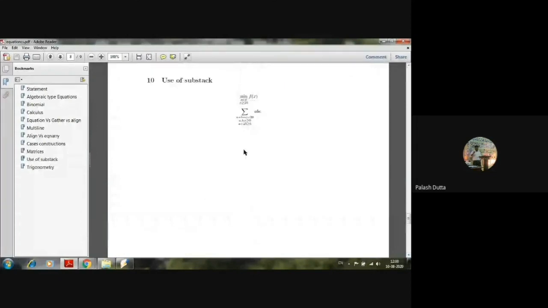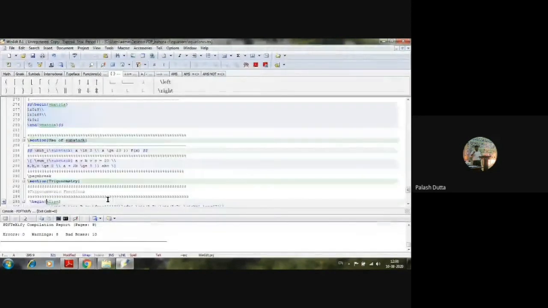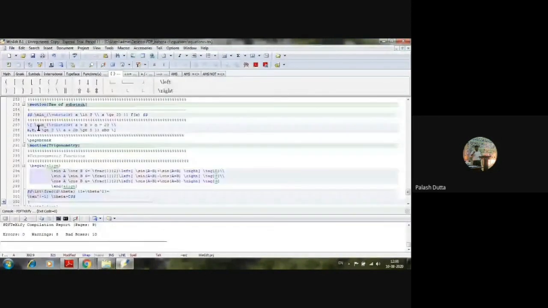Suppose to obtain this sort of expression, as we generally use in LPP problems, we use substack. Using substack, we will have this sort of expression. With double dollar, it will occur in the center.